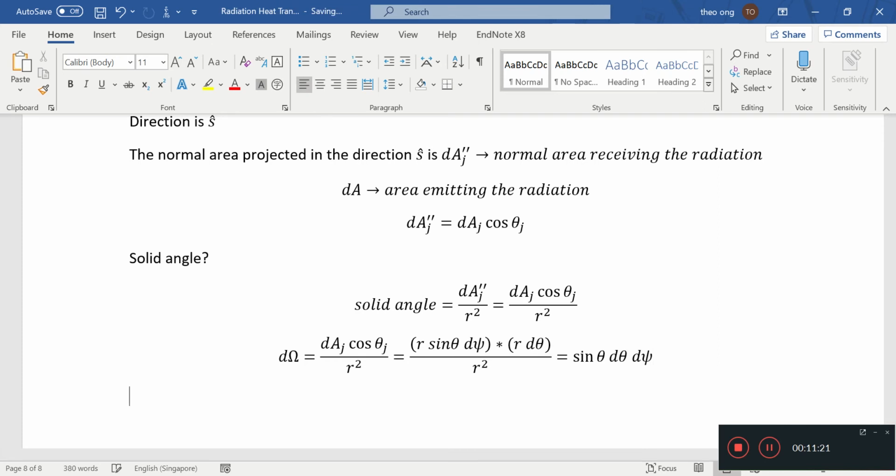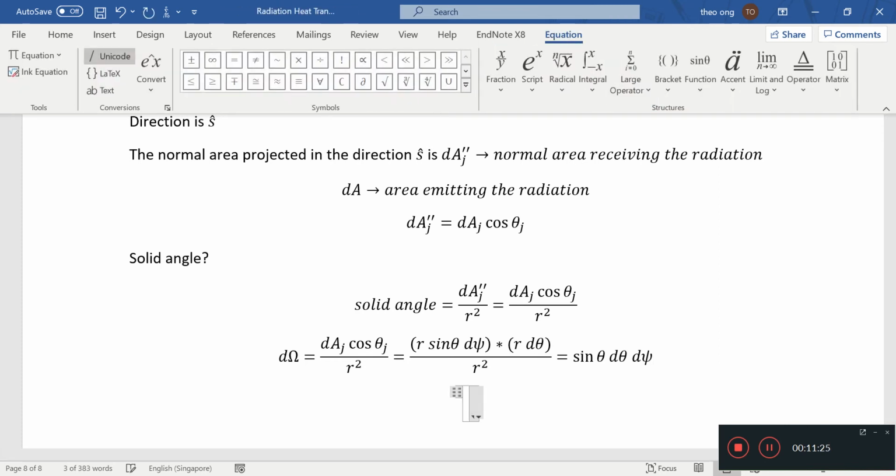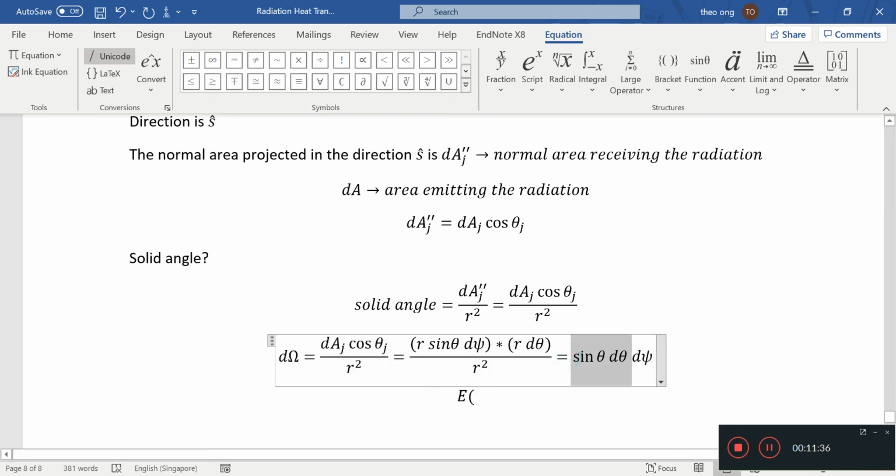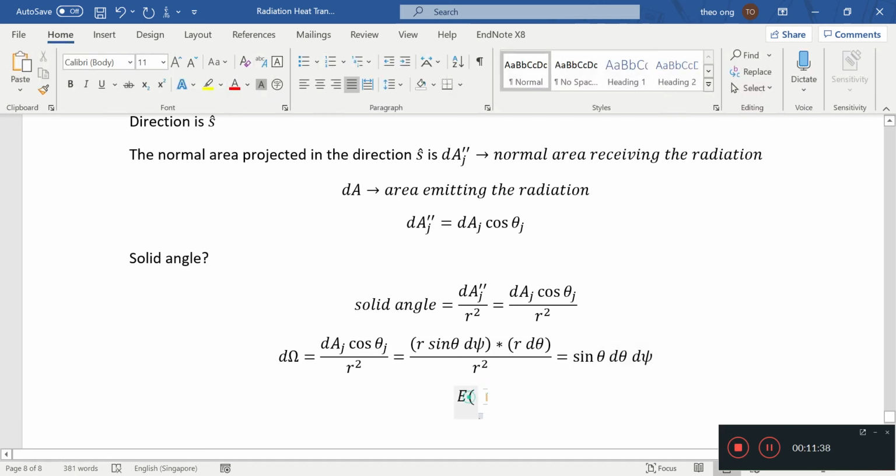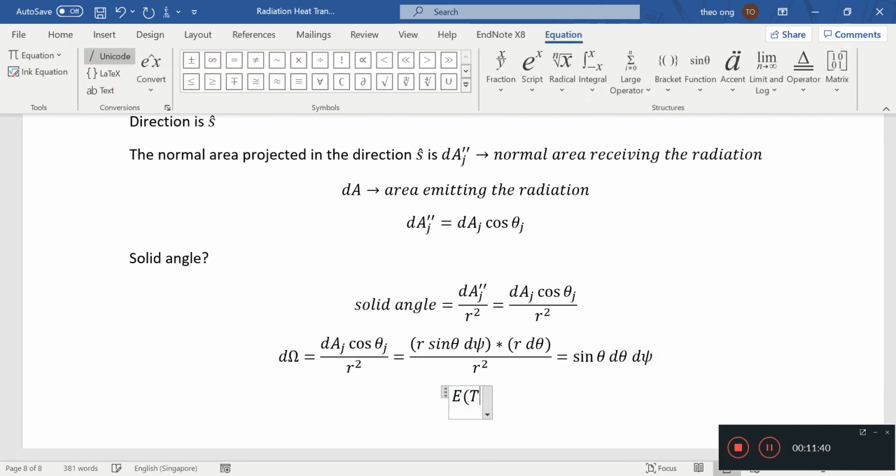And if we want to have some spectral emissive power, we can divide it by frequency, by area, and by the angles. We can do it like so. The energy flux can depend on temperature, and can depend on the frequency or the wavelength.